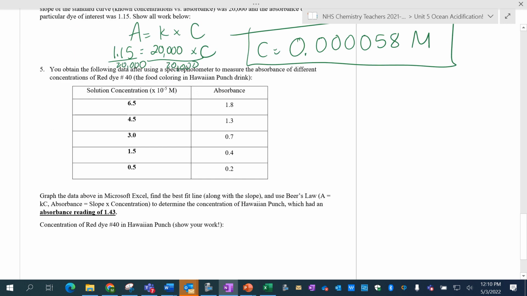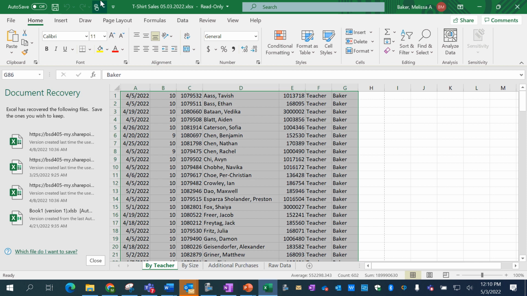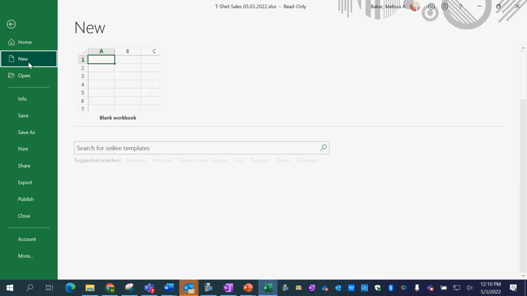Okay, now let's look at some data. Let's say you've got a set of standards here and you measured their absorbance, and this is of red dye in Hawaiian Punch. We've got to graph this into Microsoft Excel.